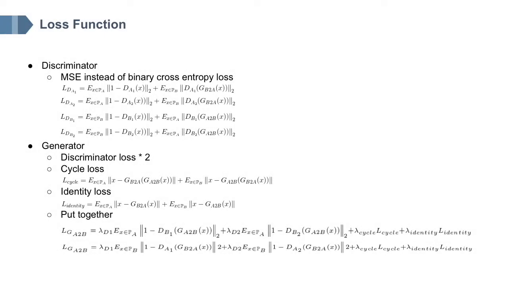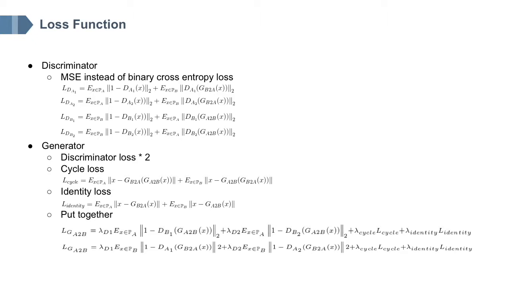And this leads us to the loss function. As the two models, namely the generators and discriminators, are trained separately, the loss functions for them are also separately proposed. Firstly, for the discriminators, a typical loss function would be binary cross-entropy loss after taking an average of the output tensors.